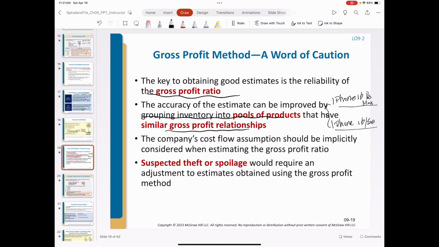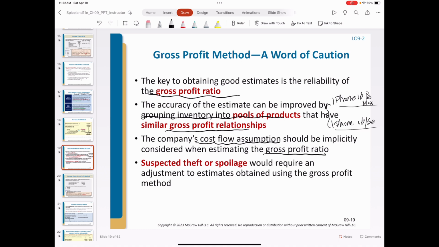The profit margins for these are significantly different from each other. Therefore, when we use the gross profit method, it's better to group the inventory into pools which share a similar gross profit margin.